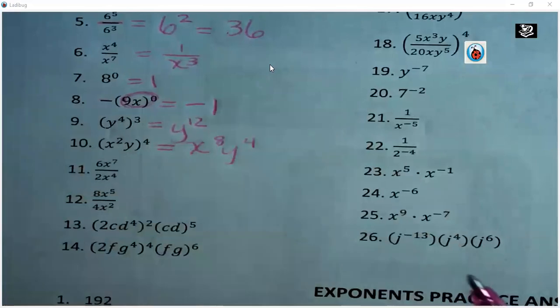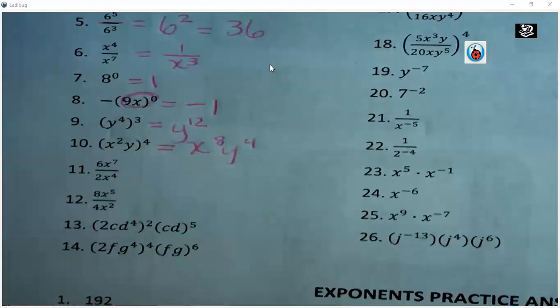All right, Lisbeth, can you help me with number 11 or is your computer messing up? She's having computer issues today. All right, Hooper, can you help me with number 11? Okay.